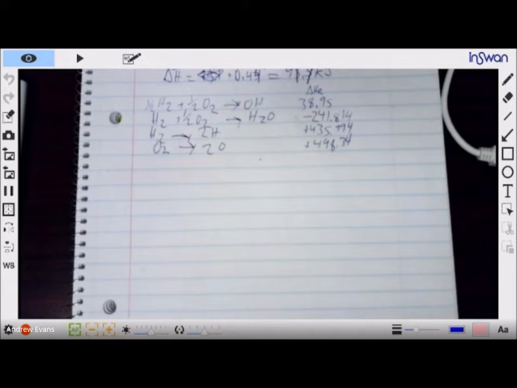And they want us to calculate delta H of reaction for 3 different things. Assuming ideal gas behavior, then calculate delta H sub R and delta U sub R for all 3 reactions. So first things first, let's calculate delta H sub R for these, since we're given the delta H of these reactions.